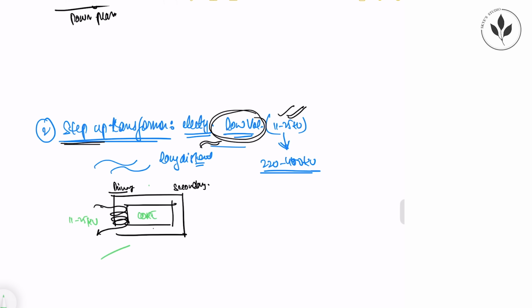With this core, what we are doing is increasing the amplitude of this electricity, and from 11 to 25 kilovolt we'll change it to 220 to 400 kilovolts.